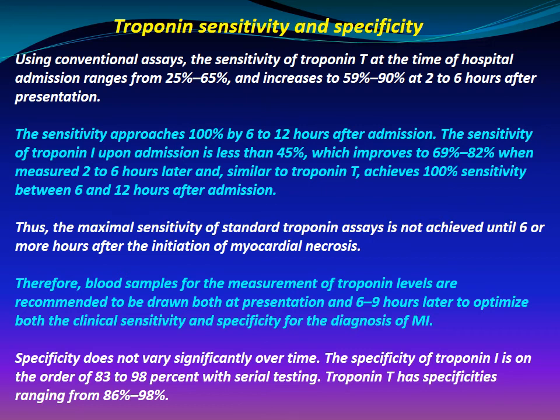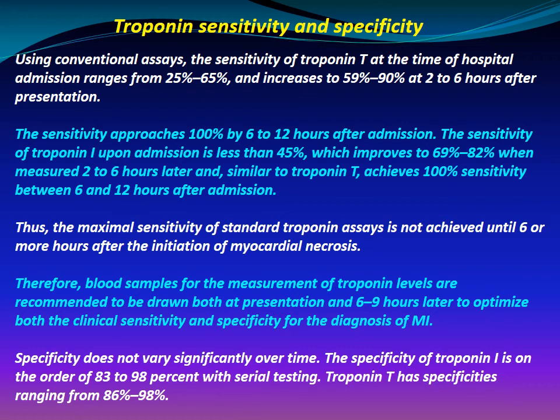The sensitivity of troponin I upon admission is less than 45%, which improves to 69 to 82% when measured 2 to 6 hours later, and similar to troponin T, achieves 100% sensitivity between 6 and 12 hours after admission.